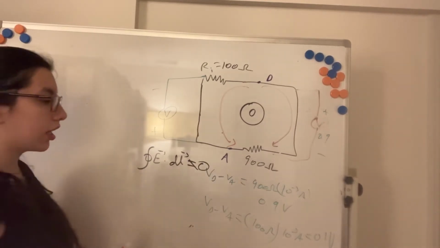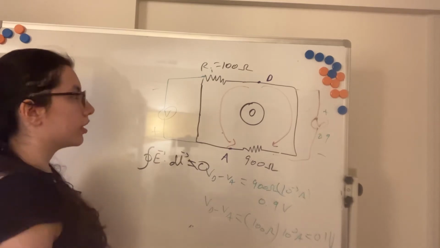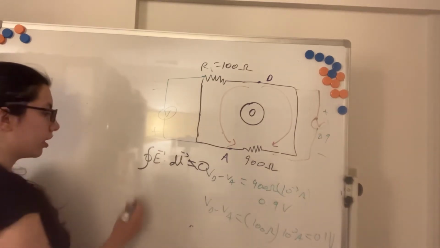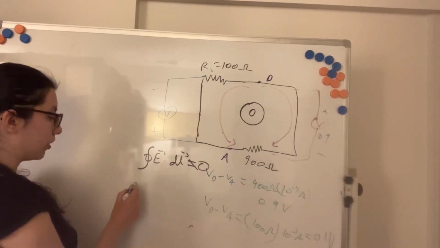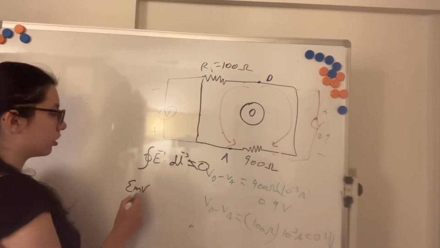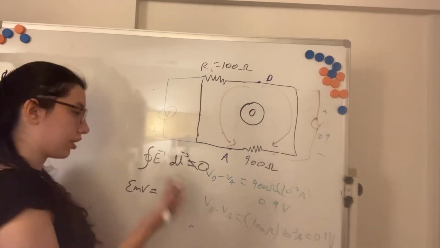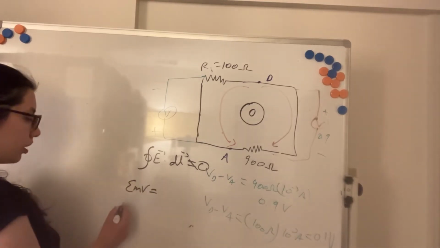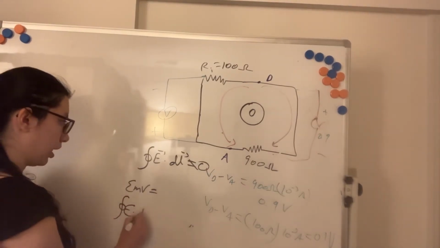That was Kirchhoff's loop rule. So now this equation does not hold. The equation that always holds is Faraday's law: the induced EMF, the electromotive force, that is actually voltage, and this voltage is the closed loop integral of E dot dl.